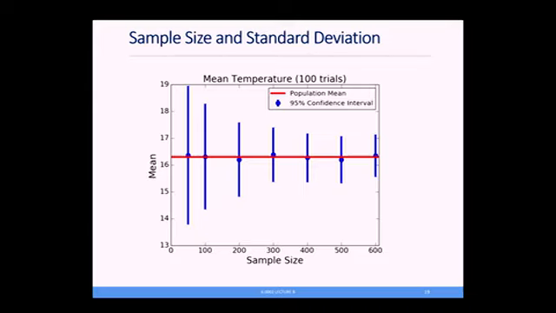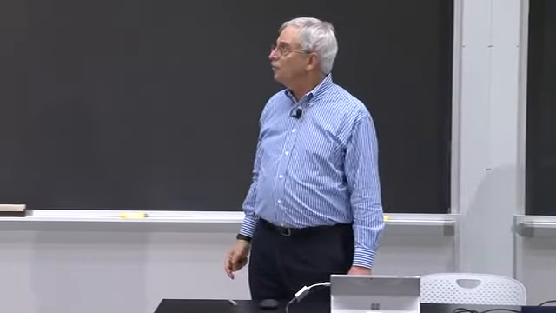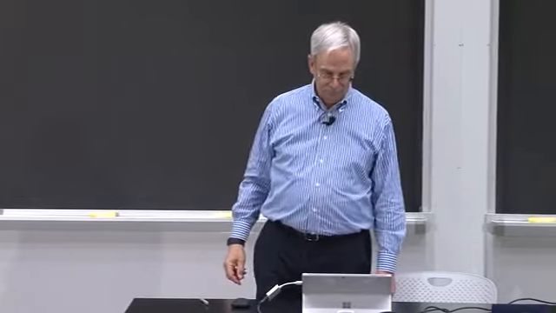And so what I've plotted here is the mean against the sample size with error bars. And 100 trials in this case. So what you can see is that as the sample size gets bigger, the error bars get smaller. The estimates of the mean don't necessarily get any better.